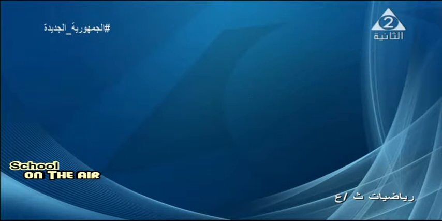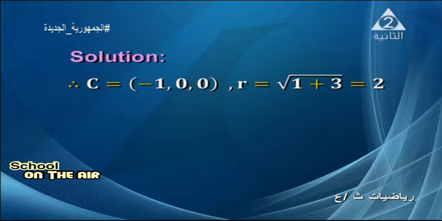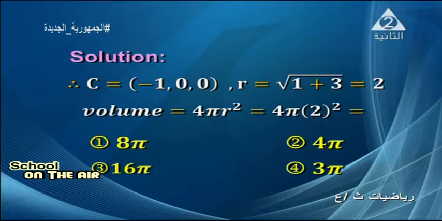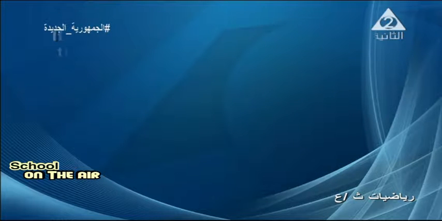Look at the solution: the center is (1, 0, 0), r equals 2. Then the area 4π r power 2 equals 16π. Therefore, this is the area of the sphere.